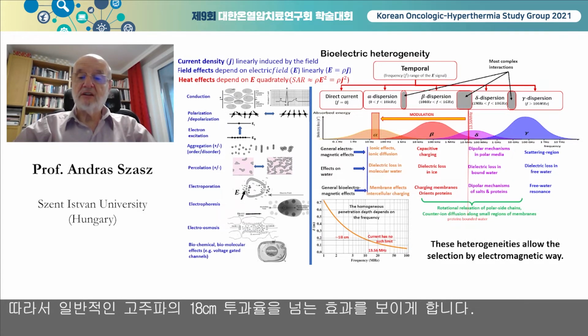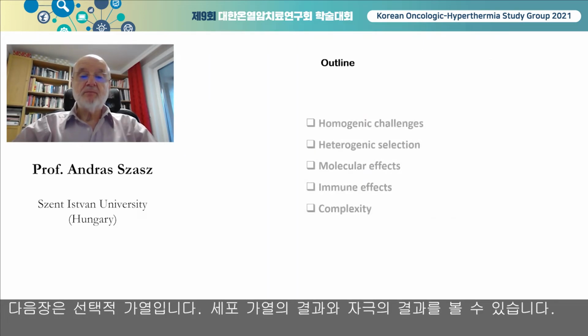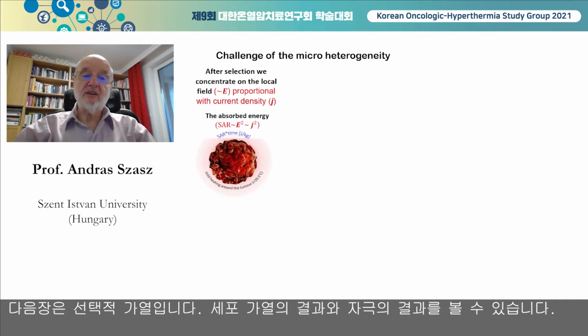So these heterogeneities allow the selection of the electromagnetic wave which we would like to use. The heterogenic selection, then the consequence: we can see the heating consequence and the excitation consequence with different proportion of the J function.